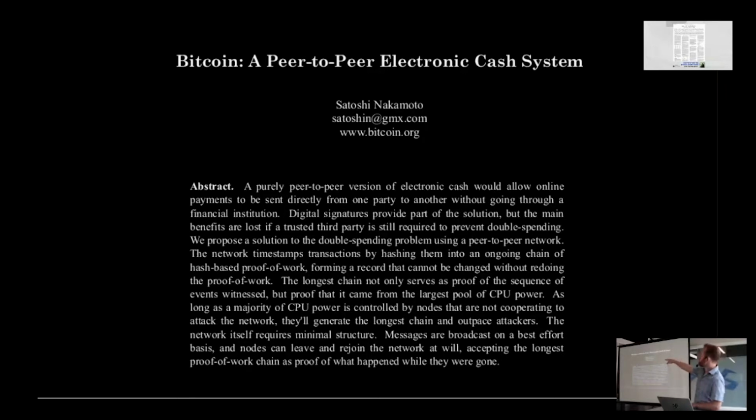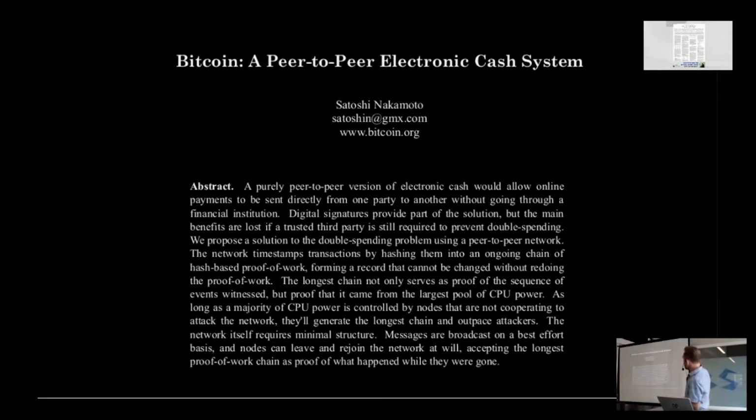So this was not called Bitcoin until right before Satoshi released it. Really, this was just a peer-to-peer electronic cash system. That's what he talked about. But then right before he went to release the paper, after he spoke with Wei, he decided to register bitcoin.org and put a name to the title because electronic cash sounds kind of boring.